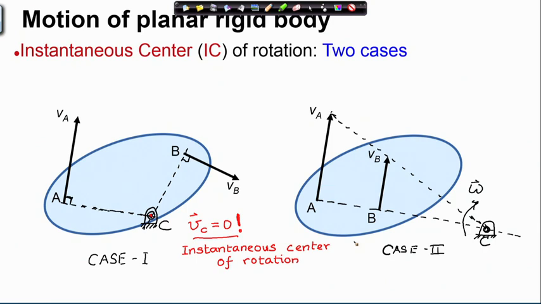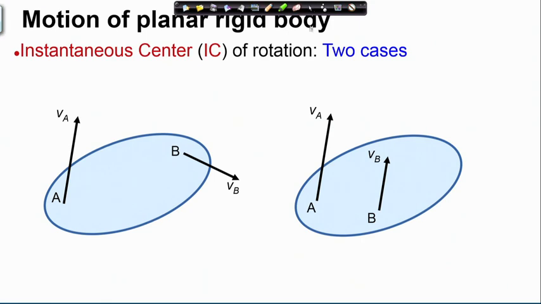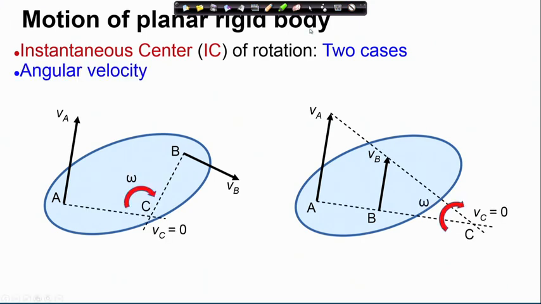So, that brings us to the concept of angular velocity. Here I have drawn out for you the instantaneous centers of rotation for the two cases, and we have this angular velocity. Now, how do I define angular velocity?